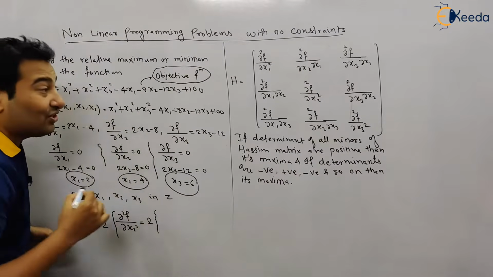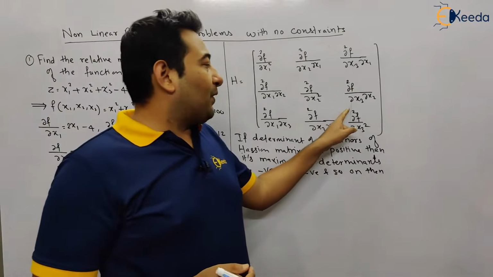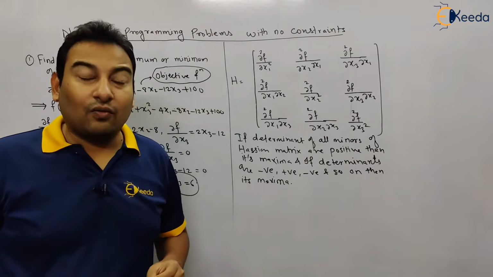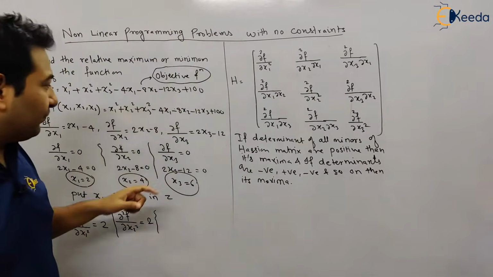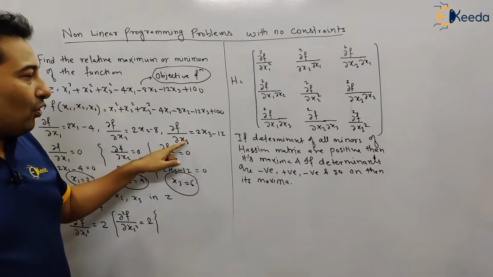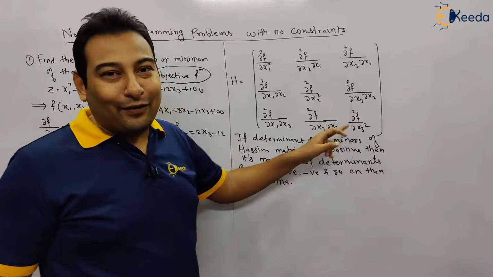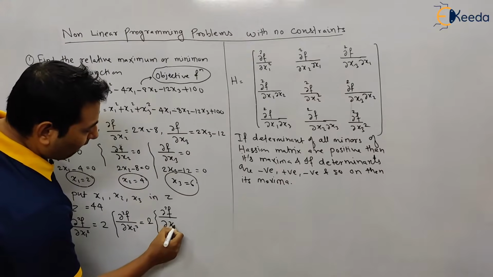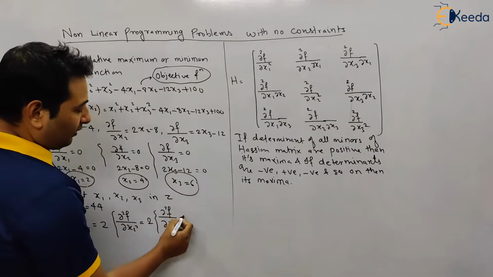What else? We want this term, ∂²f/∂x3². What needs to be done? We already have ∂f/∂x3. One more derivative with respect to x3, so that will be again 2.